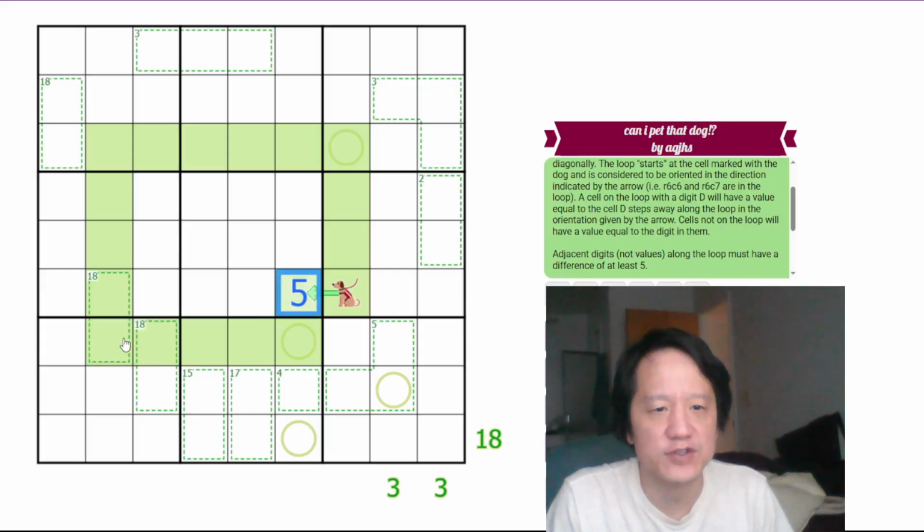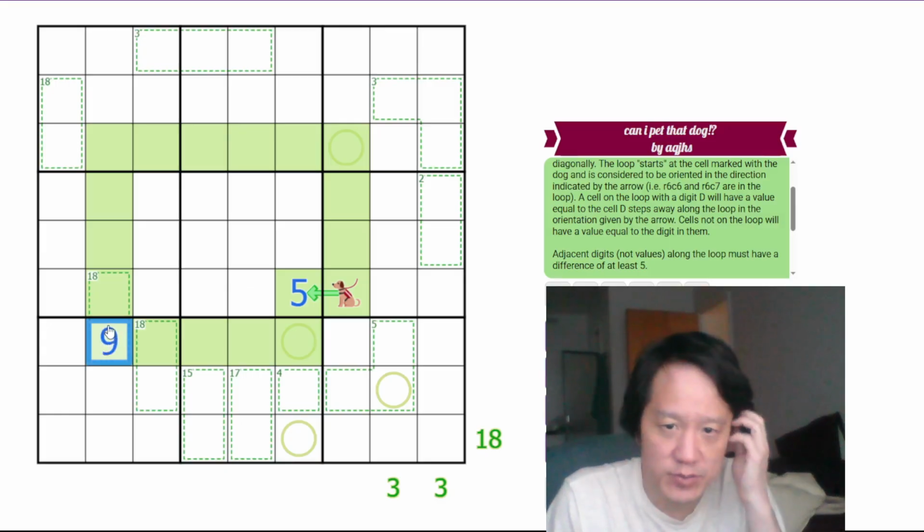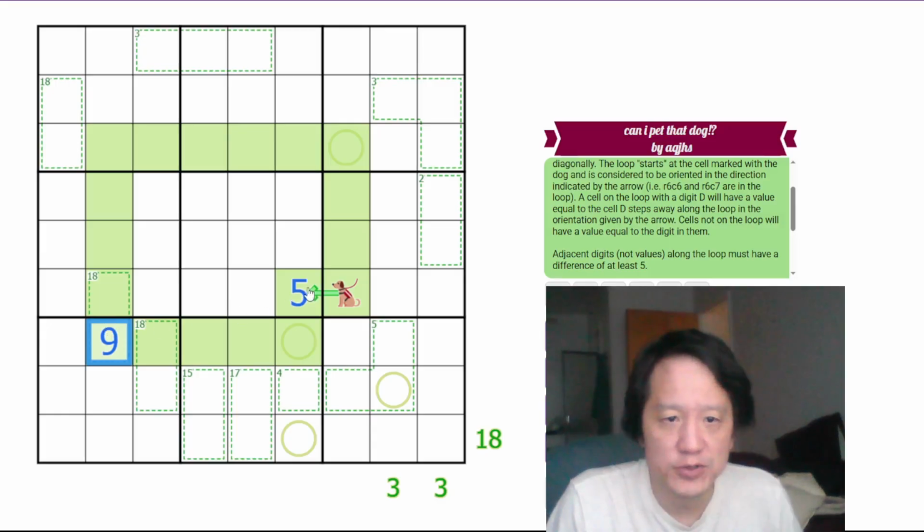The value of this cell would be whatever that cell is, so it would be like 9 or something. So this value would be 9.